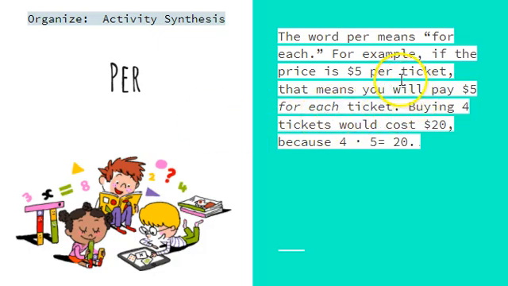So like if you're talking about buying concert tickets, 4 tickets are $20. Well, 1 ticket would be $5, right? Because if 4 of them together make 20, then it's $5 per ticket. And like we were talking about before, it was 3 milliliters of the yellow water for 1 milliliter of the blue water.